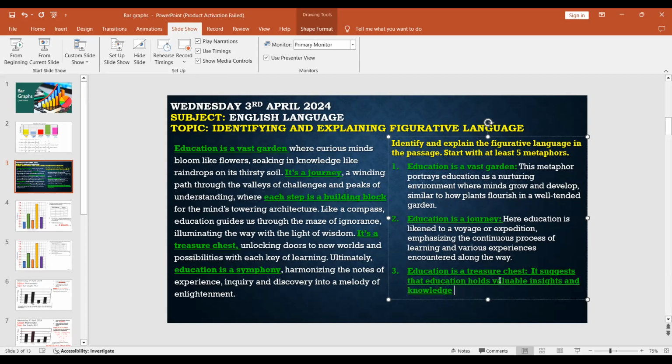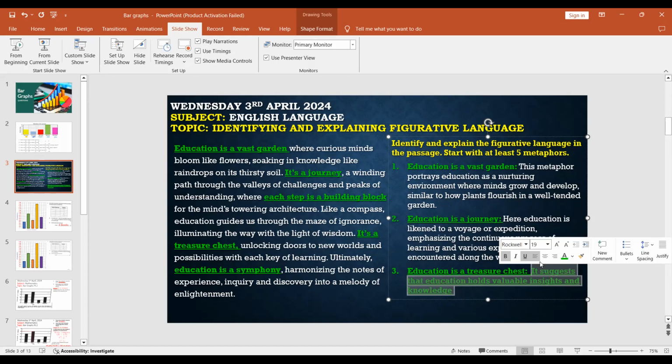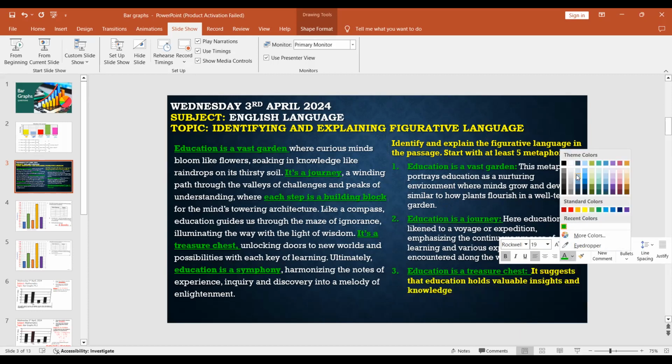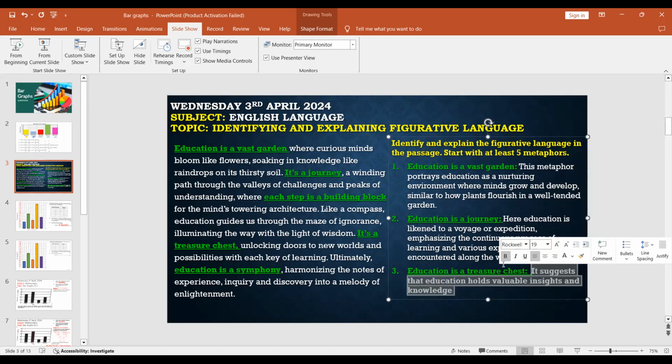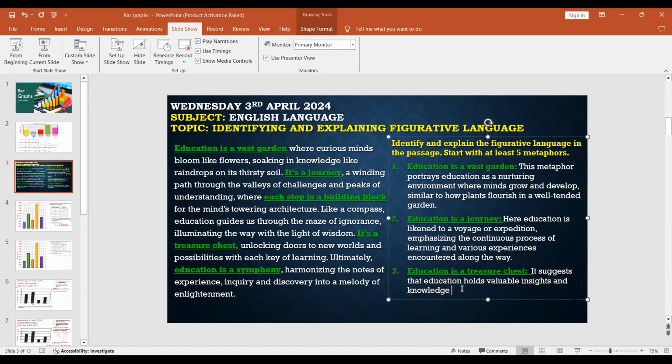Just like a treasure chest is valuable, education is also valuable, because it helps you to avoid persons taking advantage of you because you don't have the knowledge or the information. So it suggests that education holds valuable insights and knowledge.